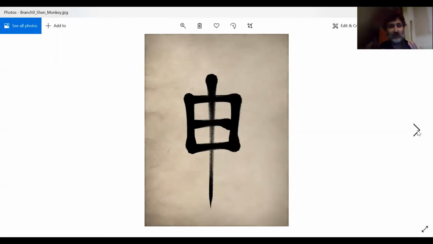Monkey likes to look at all of the hang-ups of all the other signs and undercut them, or show them that your perspective right now is only one thing. I can see all the different perspectives. So this is the unique quality of monkey. Very perceptive, very much not stuck in just one thing.